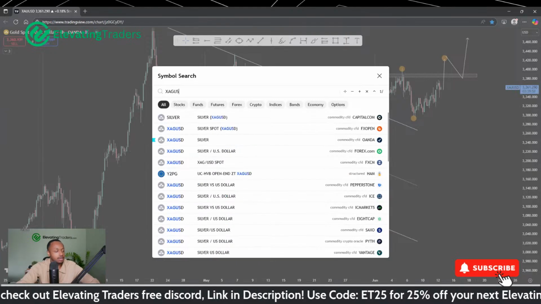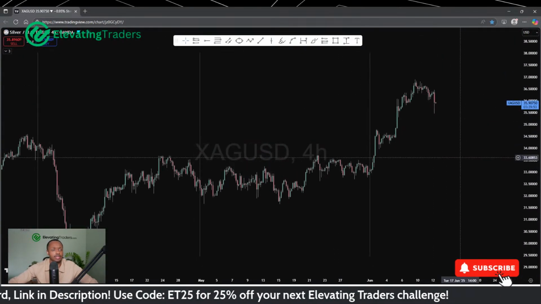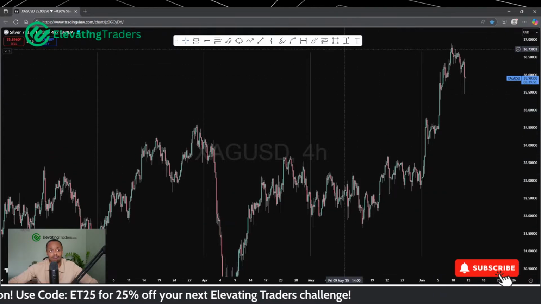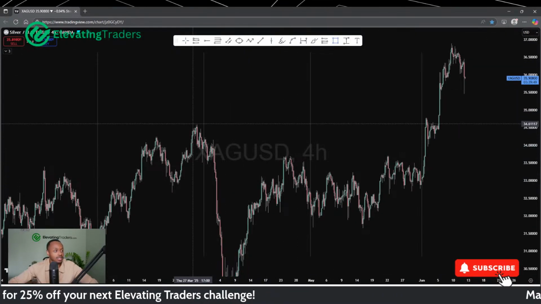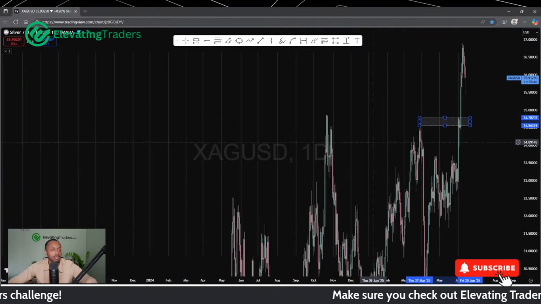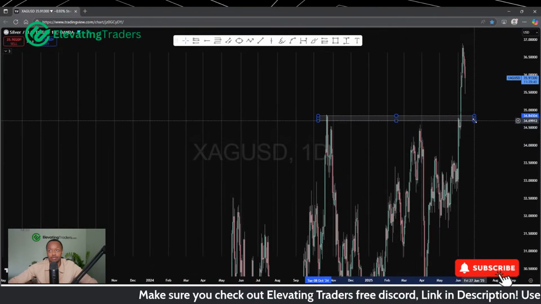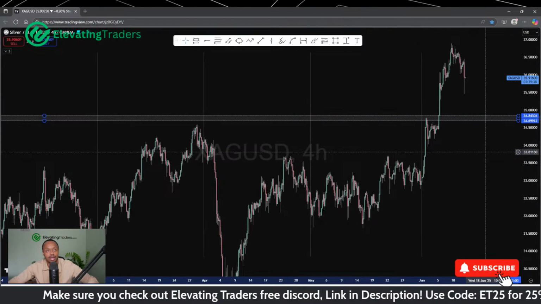And then if I take a look at silver, a bit of a sell-off this morning. And again, that's kind of what I want to see, to be honest, because it's going to give me the opportunity. Actually, let me draw it from the daily high here. It's going to give me the opportunity to actually get into a position, because silver's been so bullish, kind of left me in the dust a little bit.